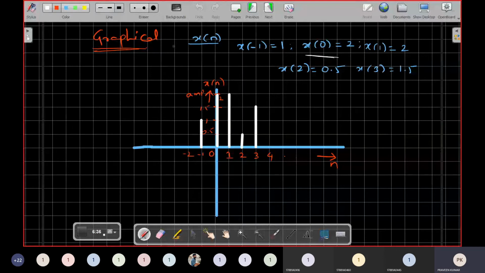If there is any relation, just represent that relation. That relation is the functional representation. Here, there is no relation between the time and the amplitudes.